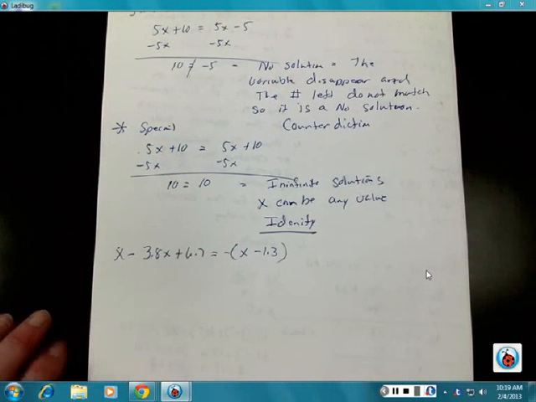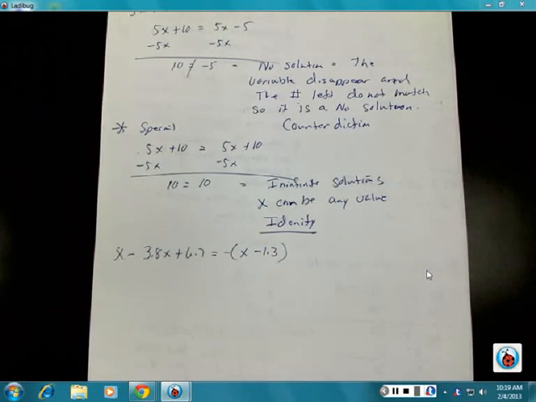See if you can come up with a solution for that one. And work it out and see what happens with it.